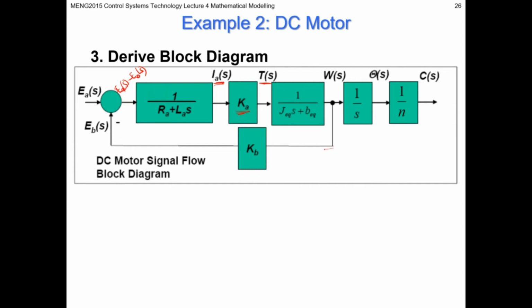And then we need speed to give us our back EMF, so that's where our feedback loop comes. Multiply it by our back EMF constant Kb. It goes back to the beginning of this block diagram. We really want to be able to determine the output position of the inertia, so we have to divide by S to go from motor speed to motor position, and then we have to divide by N, our gear ratio, to give us our output position of the inertia.